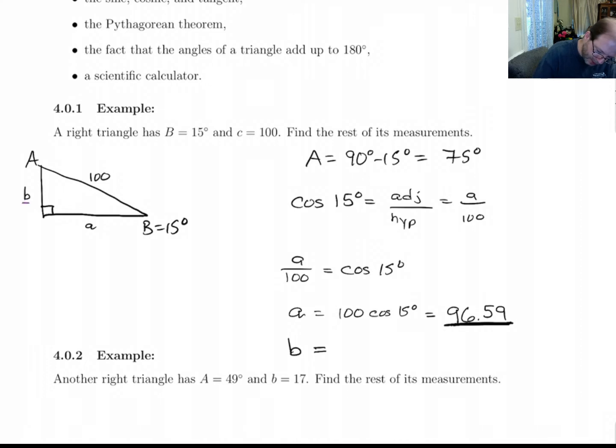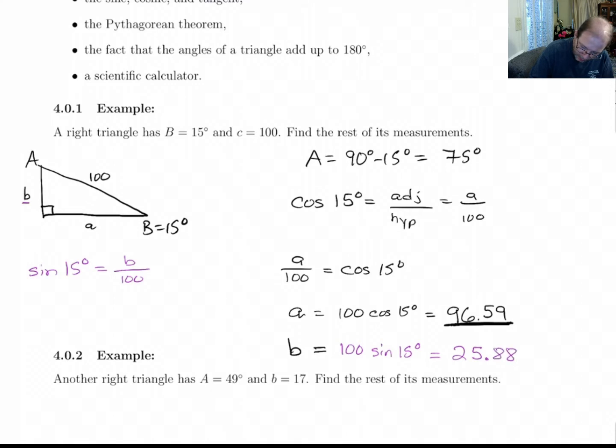So to find B here, I'd say sine of 15 degrees is equal to the opposite, which is B, over the hypotenuse, which is 100. So B is going to be 100 sine 15 degrees. And my calculator gives me 25.88.